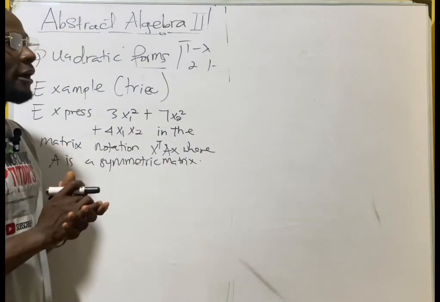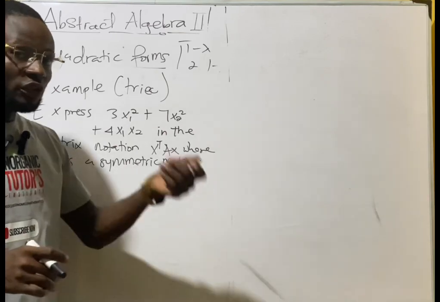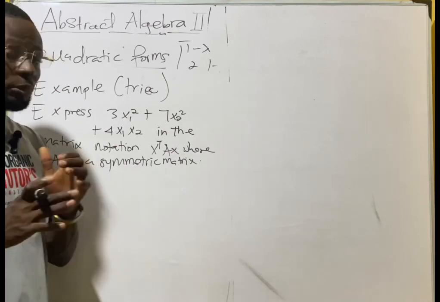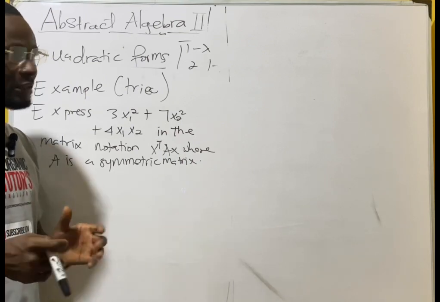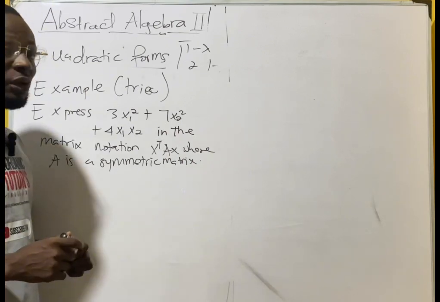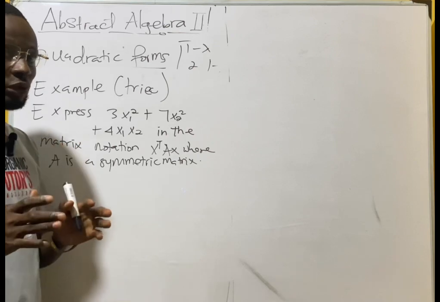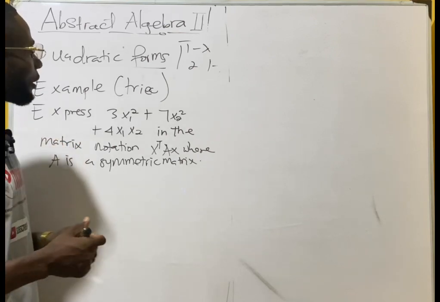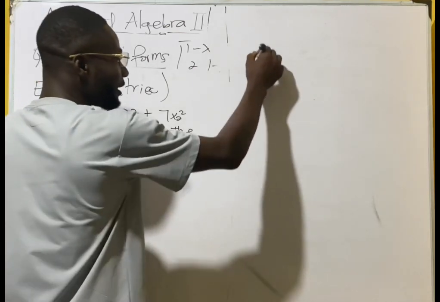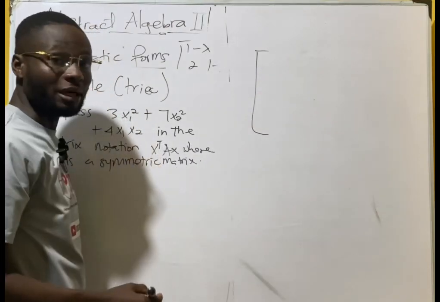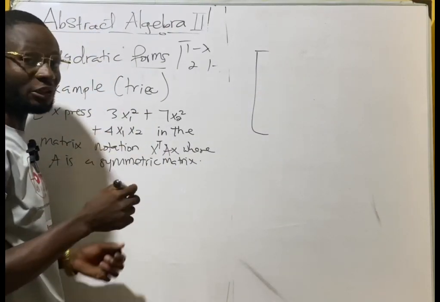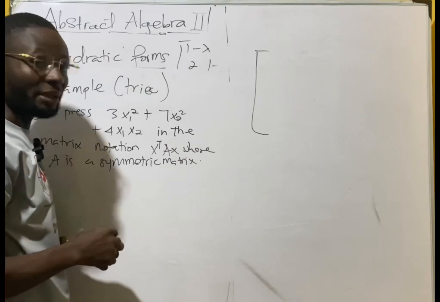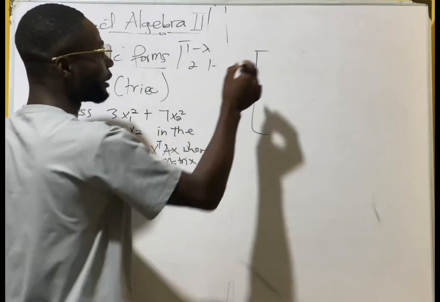So before I leave and move on to this kind of problem that will result into a 3 by 3 matrix, I want to give you this strong tip. Please, for this kind of work to be so much easy for you for transforming this quadratic form into a matrix notation, please learn this for the 2 by 2.